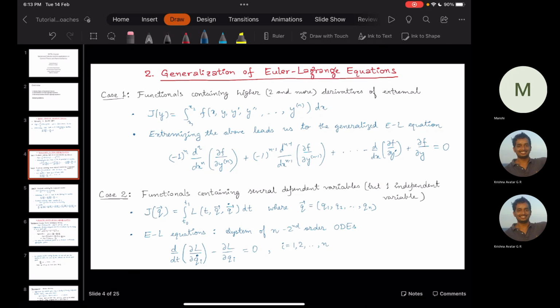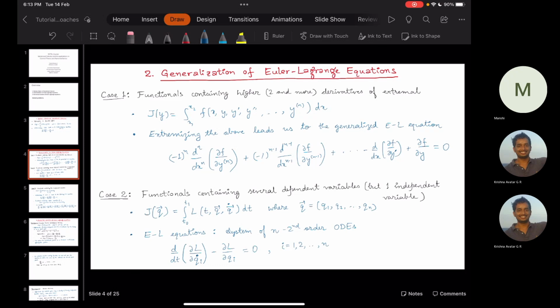But it's seen that there can be multiple independent variables also. So in the section on generalization of Euler-Lagrange equations, we broadly have three different cases as of now.